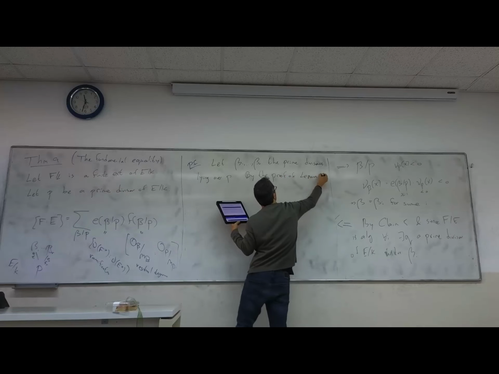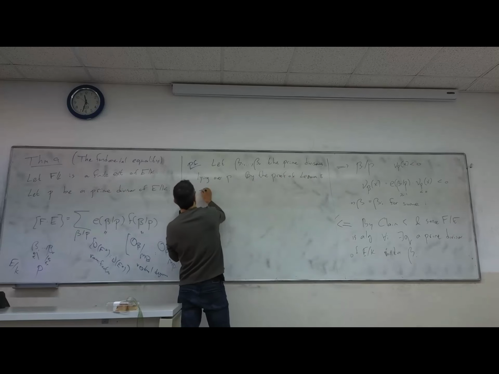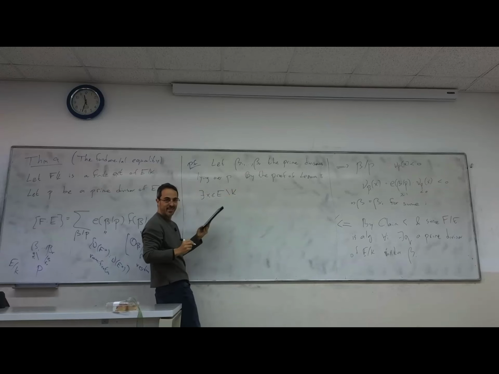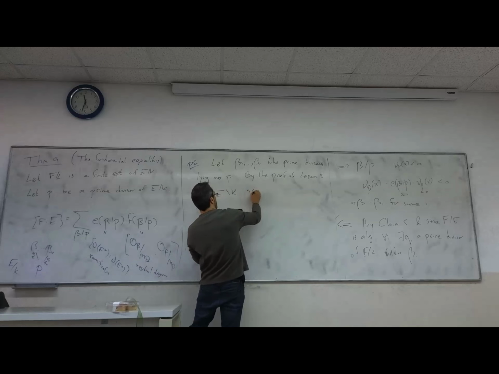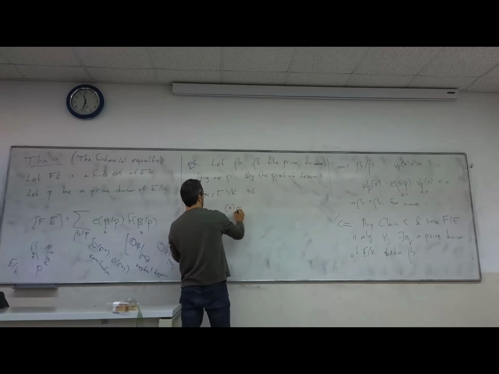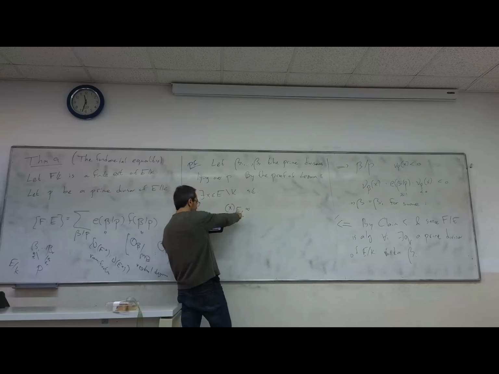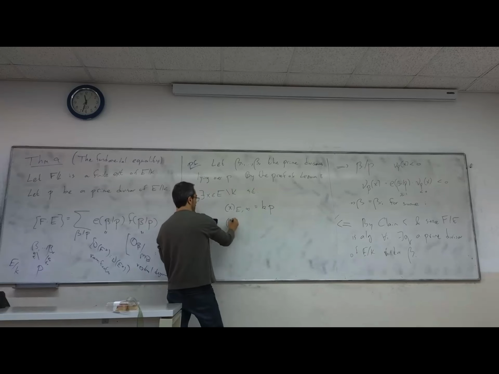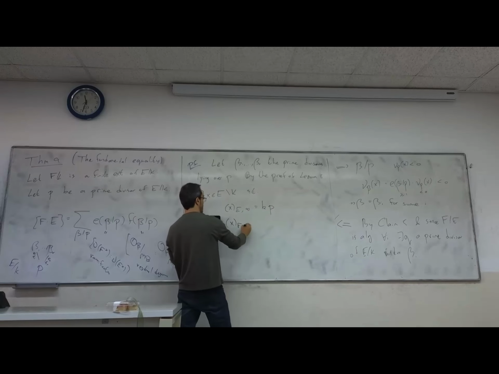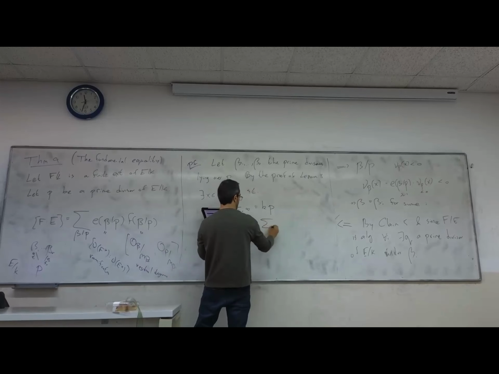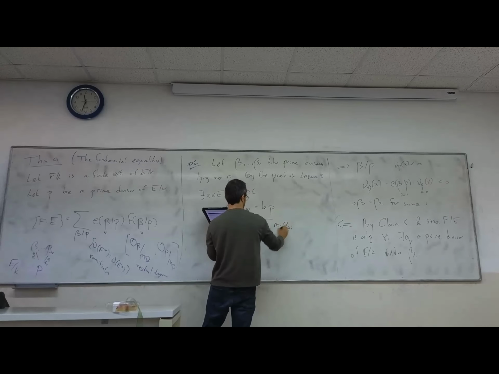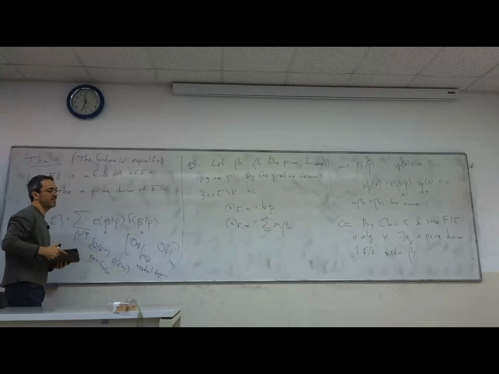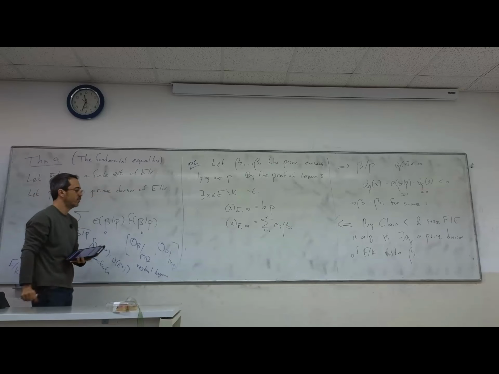But there exists an x, I still need this x, there exists an x in E and not in K, such that the pole divisor of x as an element in E is k times P, where k is at least 1. But the pole divisor of x as an element of F is exactly those multiples of the Pi's. And that's how we prove this. There are finitely many but non-empty number of points above us.